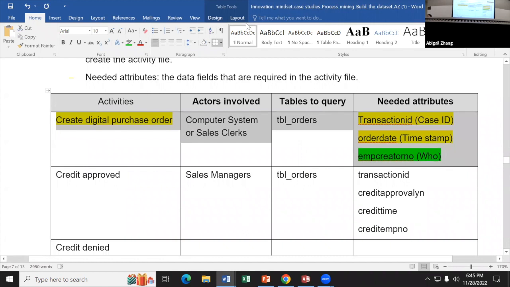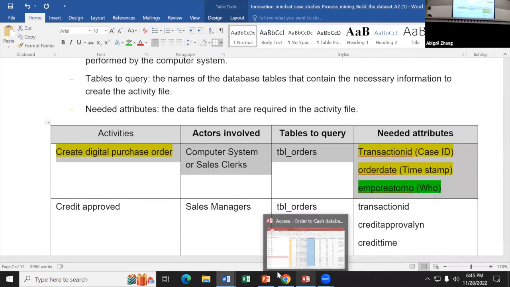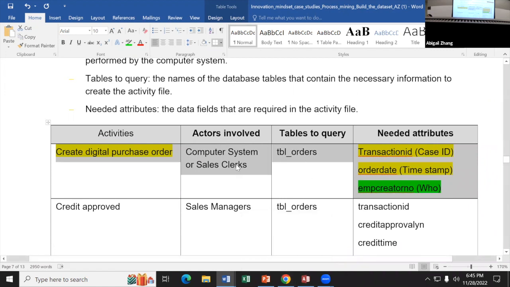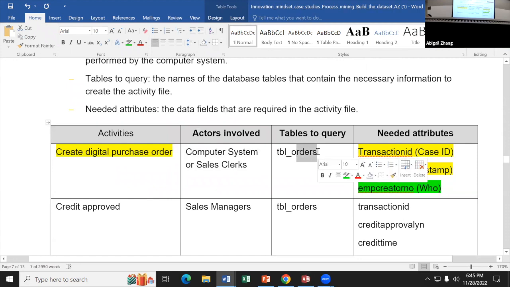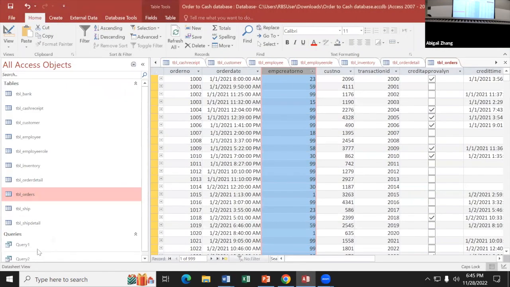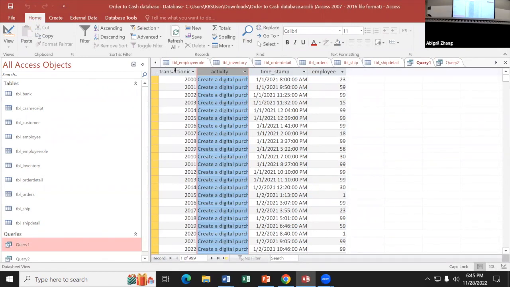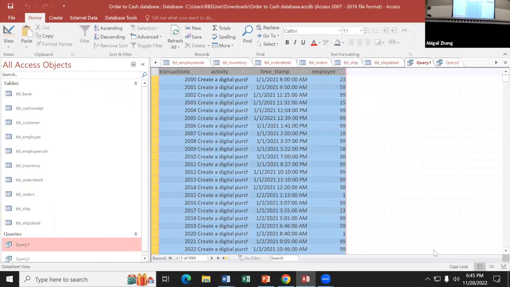Let me give you a preview of what we're going to do next class. So assuming that you already completed the whole table, okay? The next step is to use this table as a guide for us to create an event log. So if I know the information of, okay, this is an activity we need, and this is a table we need to query, and these are the attributes, then I can create a query that generates this result.